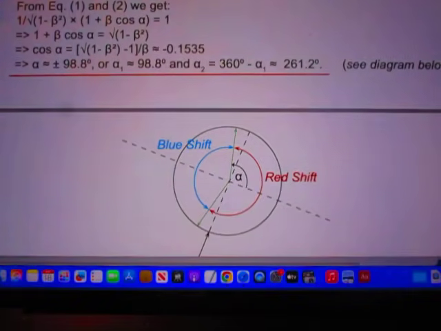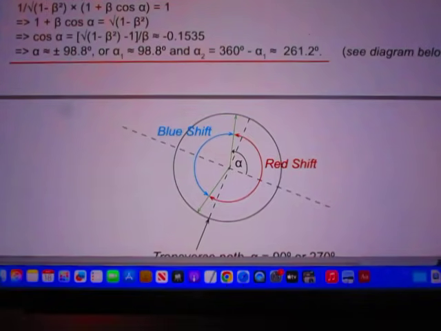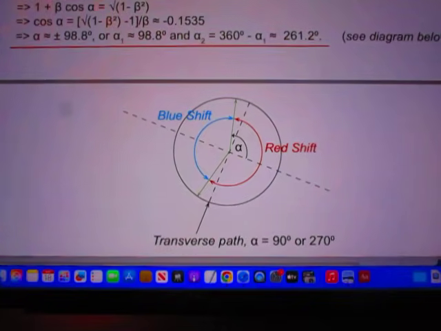So the solutions for the value of alpha give you that alpha is 98.8 degrees, but also alpha is 261.2 degrees.